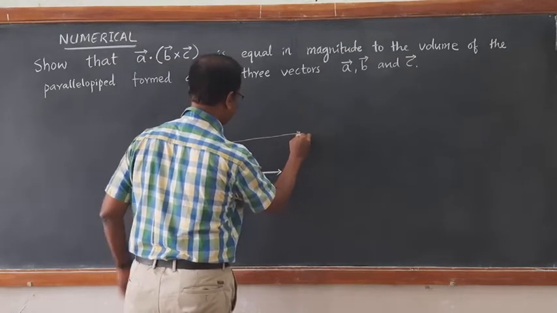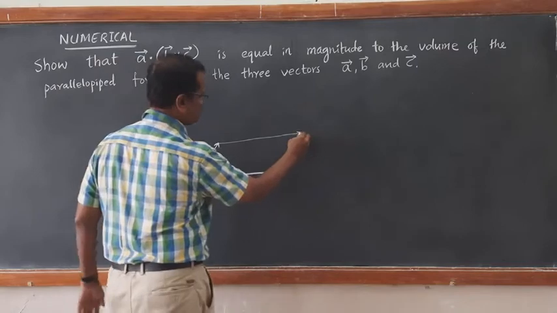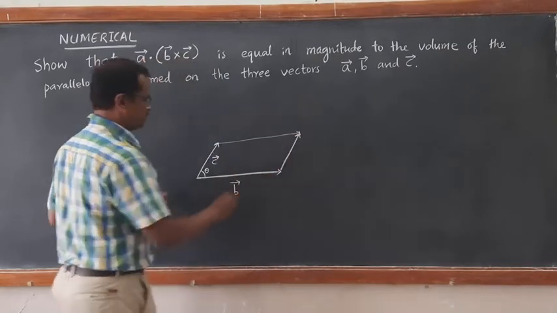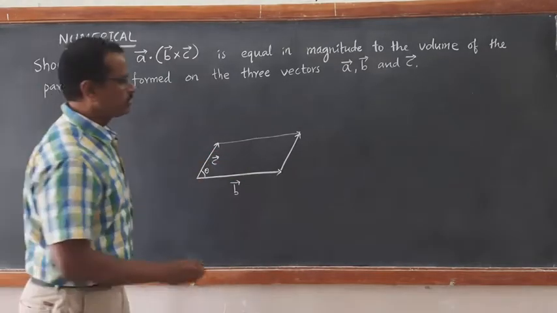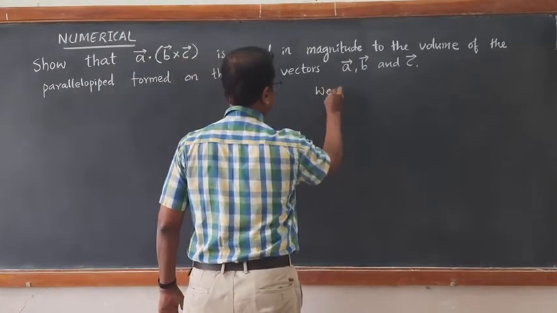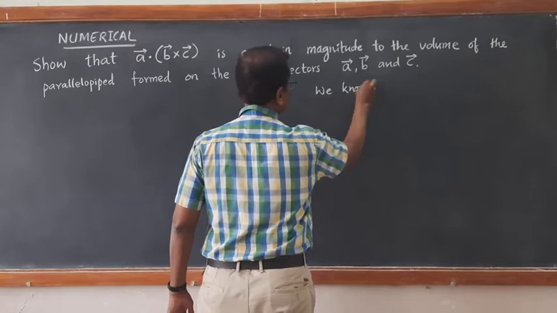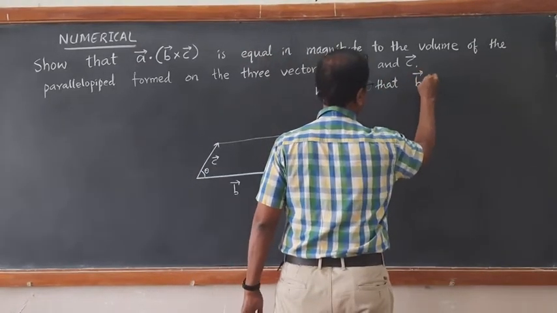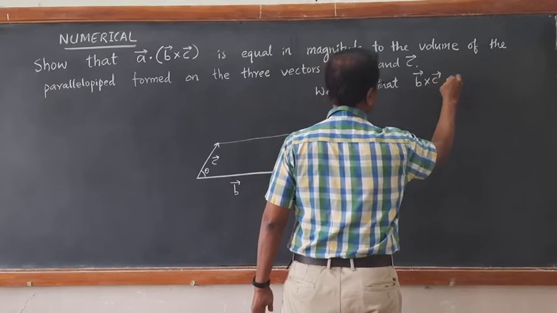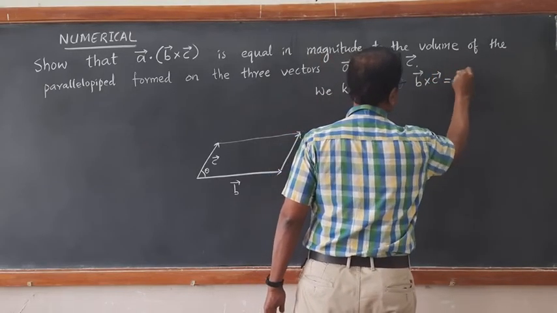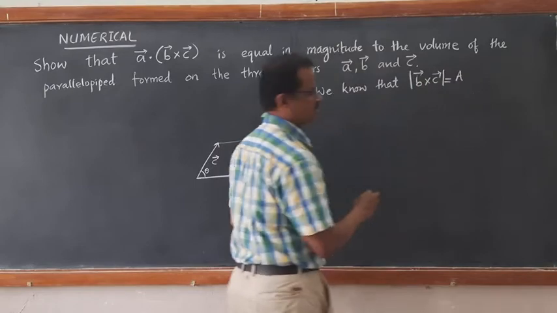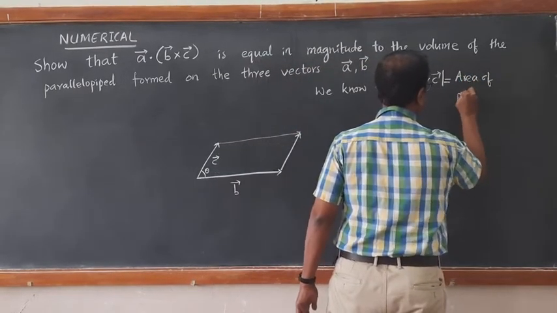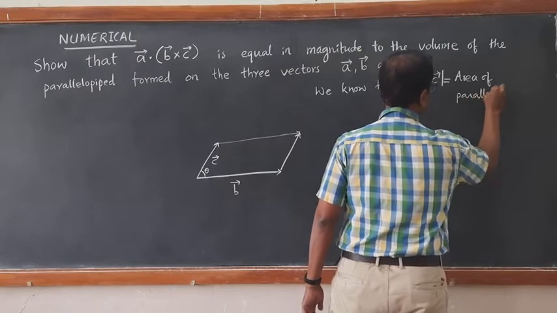So the magnitude of vector B cross C gives us the area of this parallelogram.